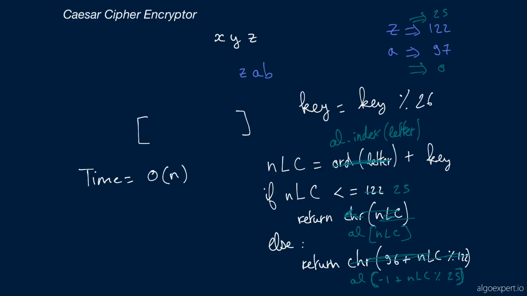O of 26, which goes down to O of 1. But if you were dealing with a greater alphabet, maybe an alphabet of length m, well, then this would actually be an O of m time operation. So that is something that's important to notice, and it's important to bring up in your interview.